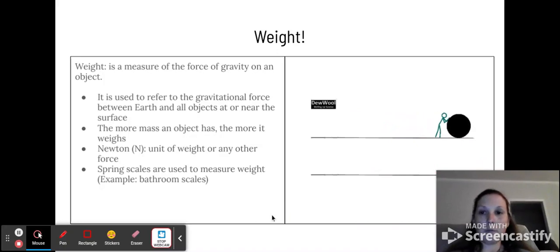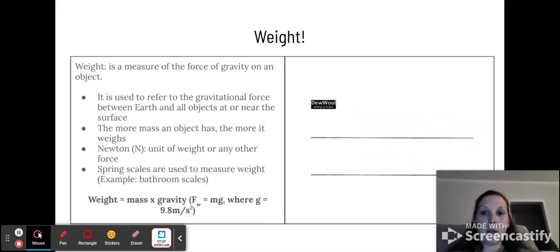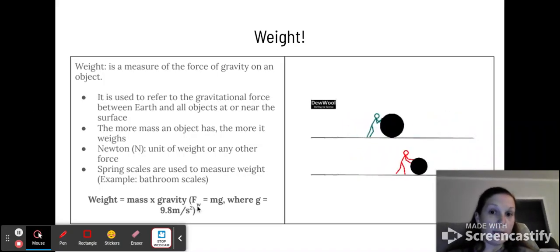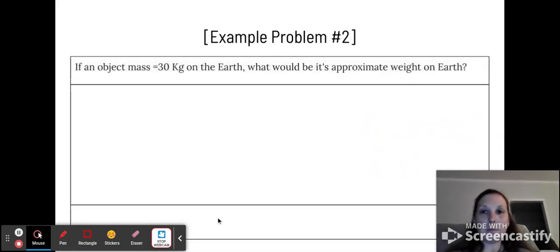Spring scales are used to measure weight, so they take the effect of gravity into account. So this is calculated as F equals mg. And sometimes you'll see it as F sub W specifically, the force of weight, which is mass times acceleration due to gravity.